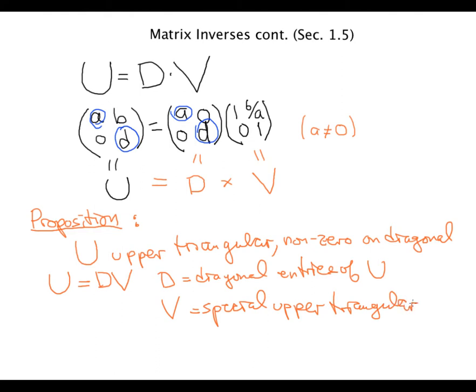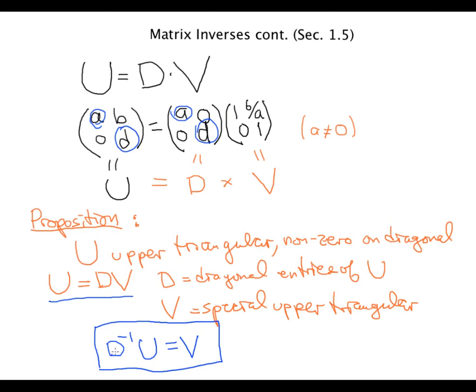And as you can see from this example, V is not just the upper triangular entries of U. It's got this B over A here. And if you look at this equation here, you can see what is V? Well, we could multiply both sides of this equation by D inverse to get that D inverse U is equal to V. And I've already told you what D is.